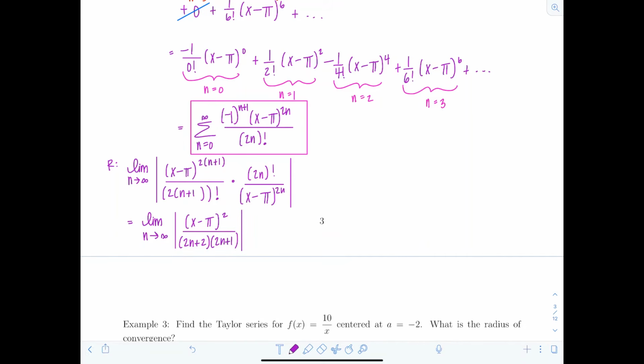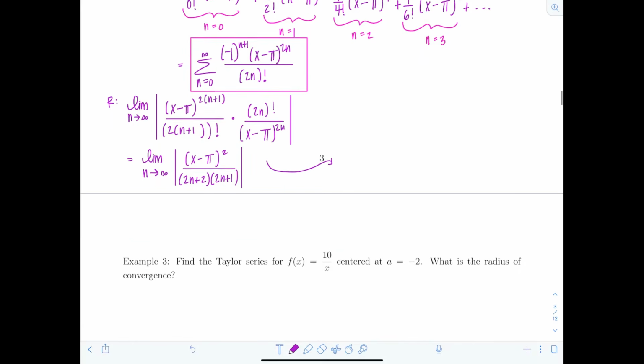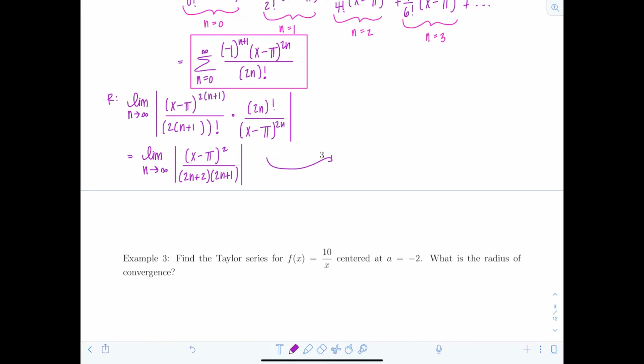Okay, I can take that x minus pi squared outside the limit, and I don't need the absolute value since that's not ever going to be negative. So I have x minus pi squared times the limit as n approaches infinity of 1 over 2n plus 2 times 2n plus 1.